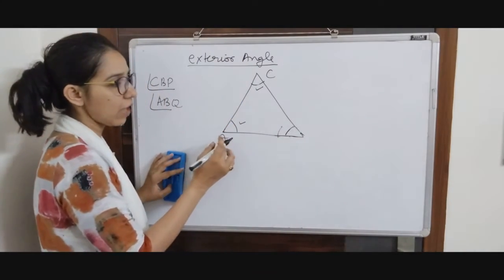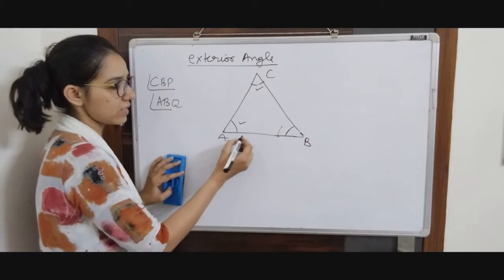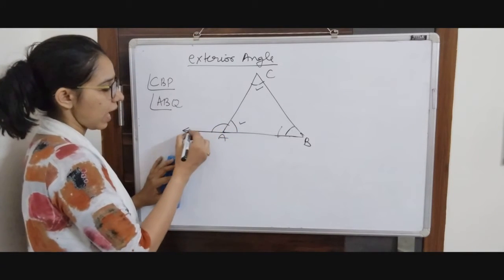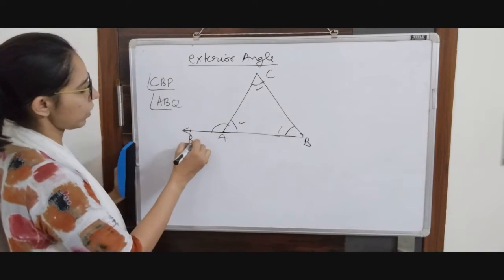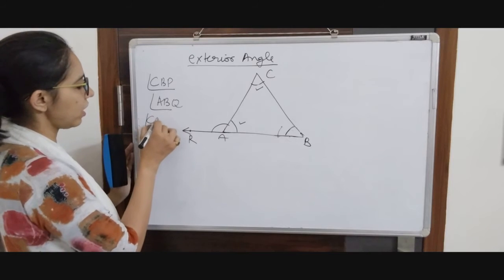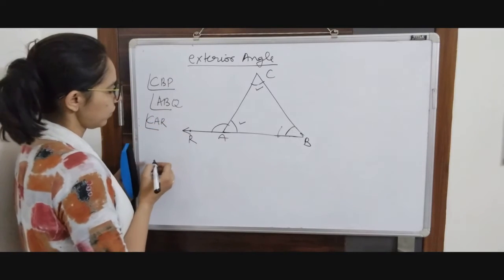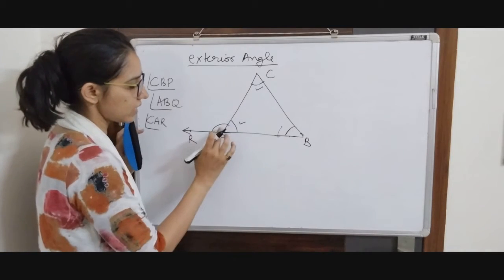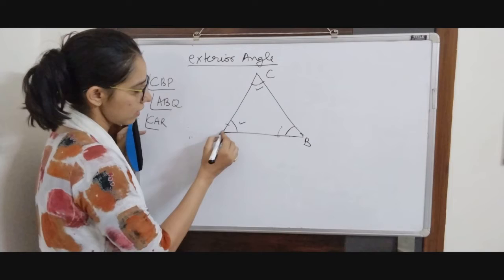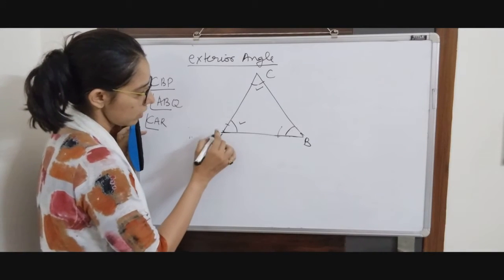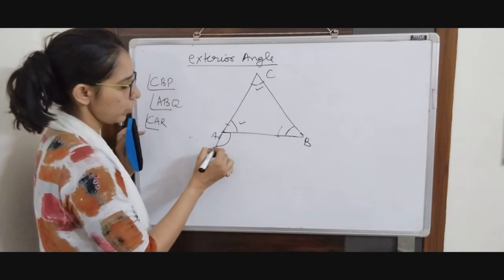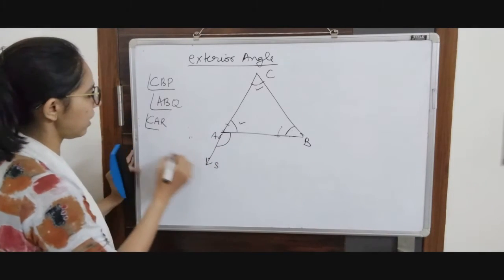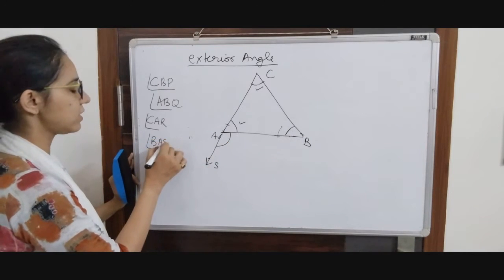Next, at point A, suppose I want to extend the side. If I extend this side, this angle will form, and suppose it is R. So this angle will be CAR. Remember that. And if I extend this side, the angle formed here, suppose this is S, this angle BAS is exterior.